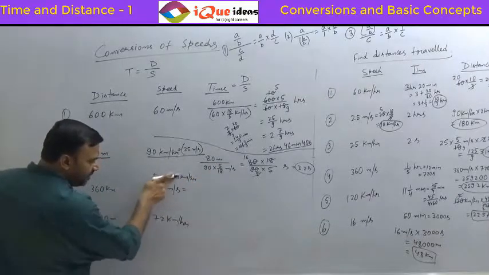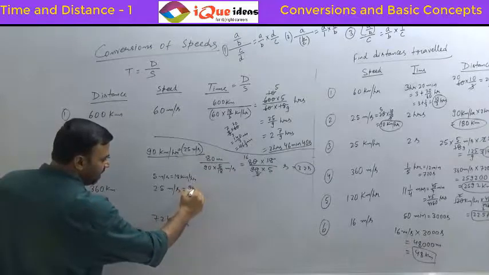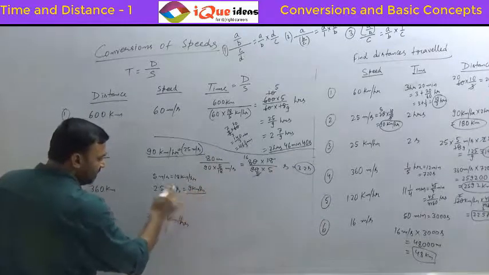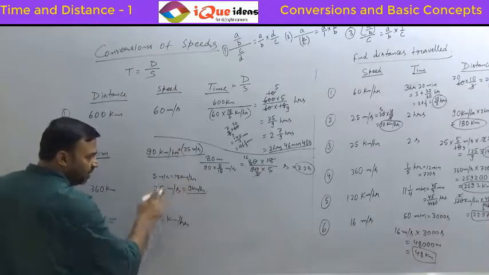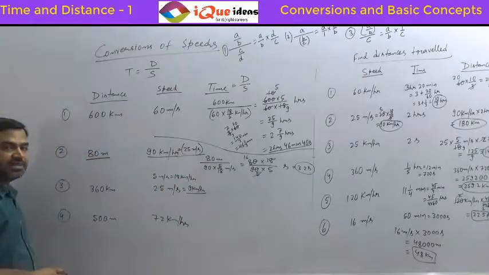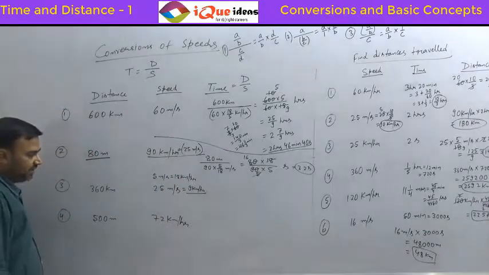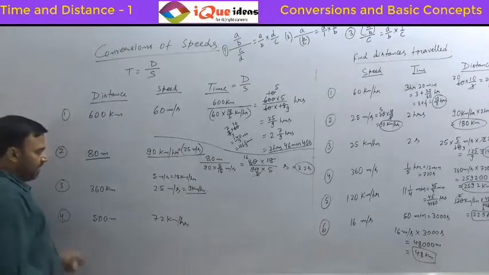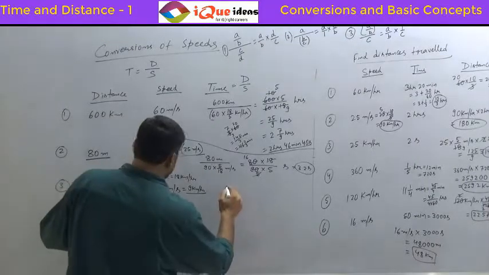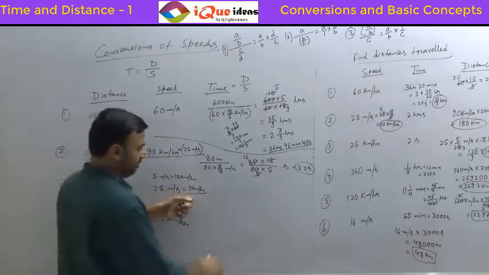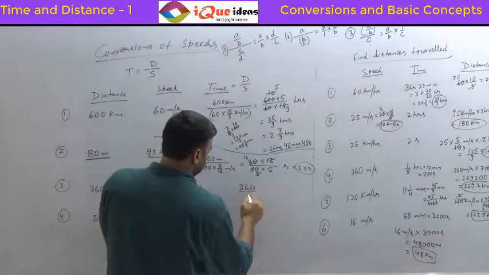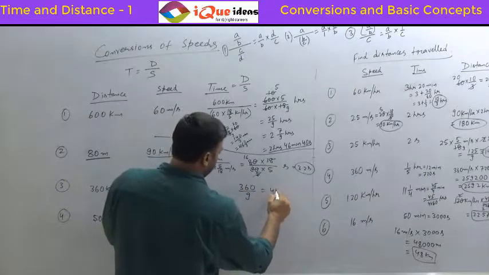So 2.5 meter per second will become 9 kilometers per hour. So meter per second, if it is given as a multiple of 5 or a factor of 5, similarly, kilometer per hour, if it is given as a multiple of 9 or 18, the things will become a little easier. Now the calculation of time. So distance is 360 kilometers, speed is 9 kilometers per hour. So time taken would be 360 by 9, which is 40 hours.